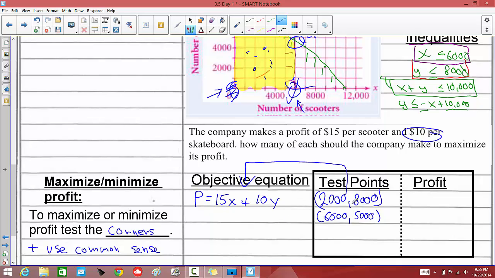We're going to take this 2,000. Let's plug this in as red. Okay, this will be our red one. So we got 15 times 2,000, because I plugged the 2,000 in for the X, plus 10 times 8,000. Well, 15 times 2,000, what would that be? 30,000?